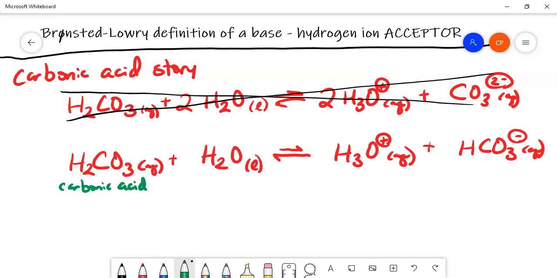HCO3 minus is the hydrogen carbonate ion, or more commonly, the bicarbonate ion. Leave a little extra space, note takers, underneath carbonic acid and bicarbonate, so we can add one more line of information to this.